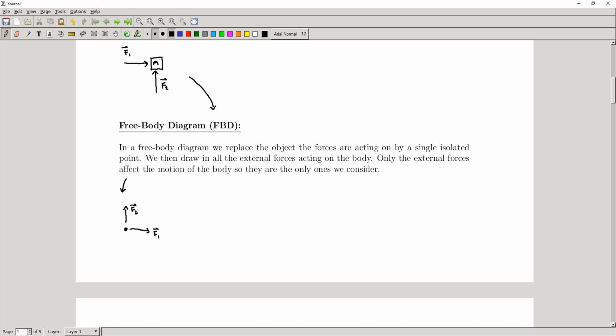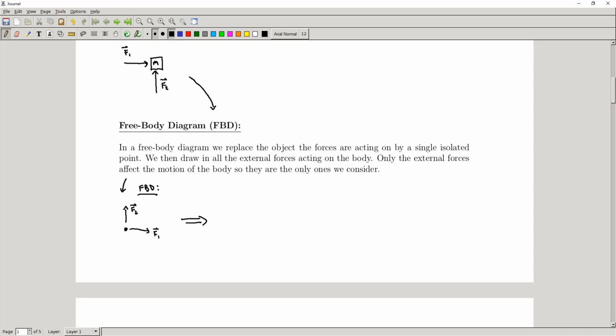We won't actually do the algebra here, but just pictorially we can see what's going to happen if we want to add these forces up. So let's say we wanted to get the net force acting on this object. I'm going to always label free body diagrams FBD. Okay, so that's our free body diagram.